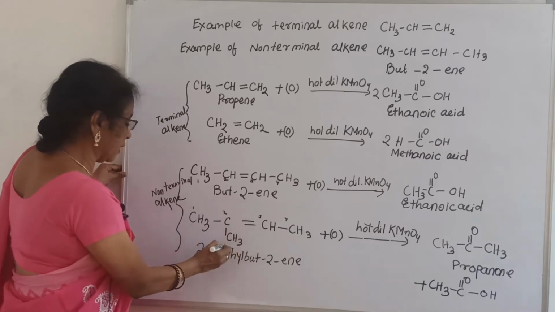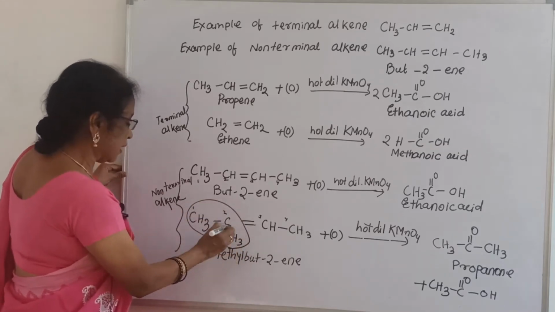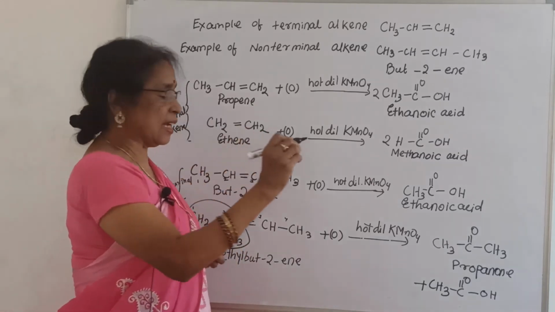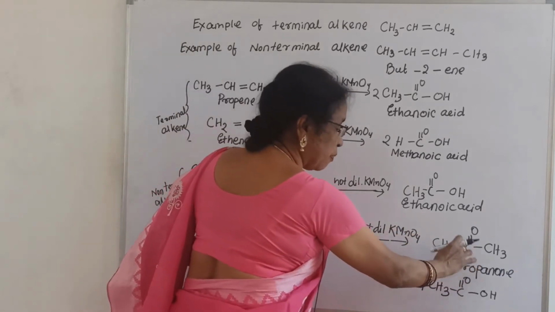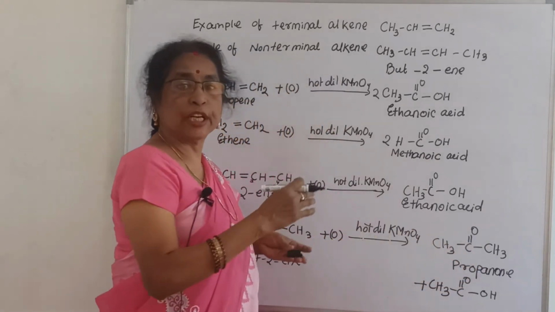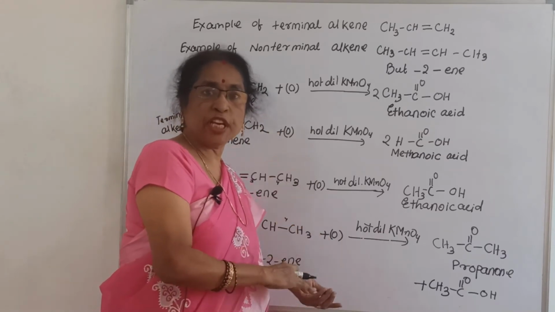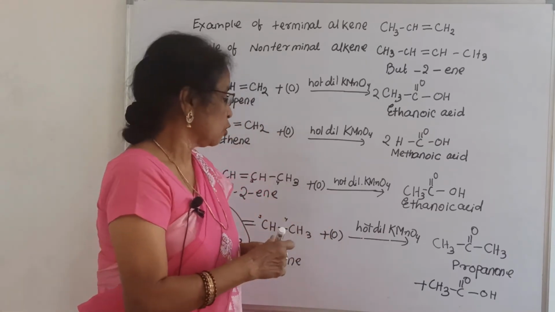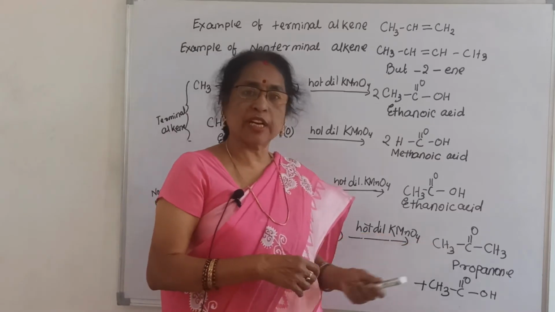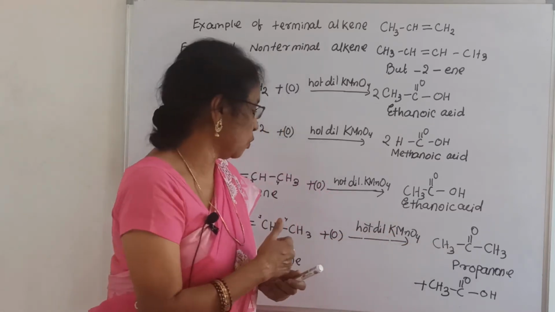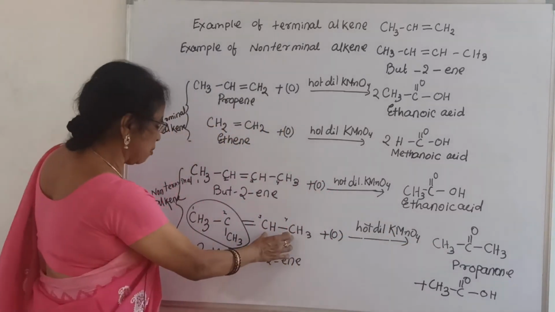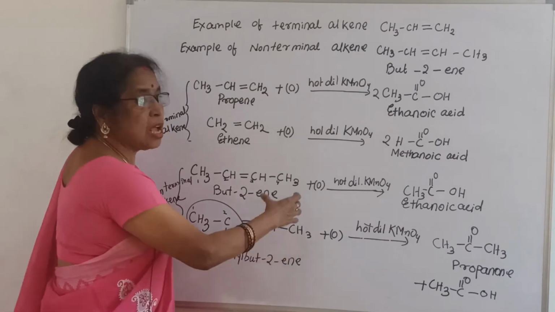Here it will break, and from this part it forms propanone, a ketone. The common name is acetone. The IUPAC name is propanone. Since it contains 3 carbons and a keto group, that is propanone. And what about the remaining 2 carbons? They change to acid.